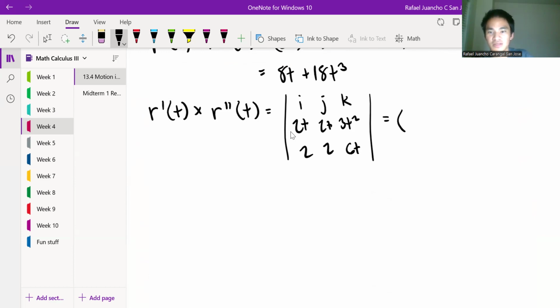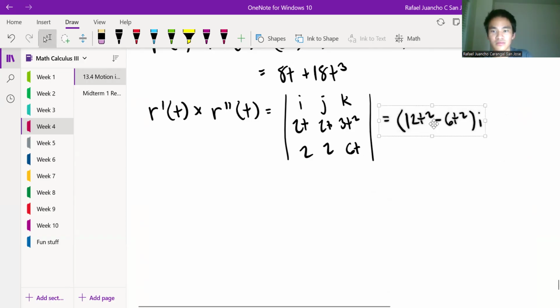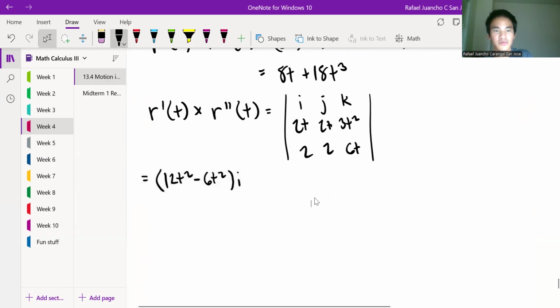2t times 6t, so that's 12t squared, minus 6t squared. So that's my i. And then I'm going to subtract with my j: 2t times 6t, so that's 12t squared again, minus 3t squared times 2, so that's 6t squared again.